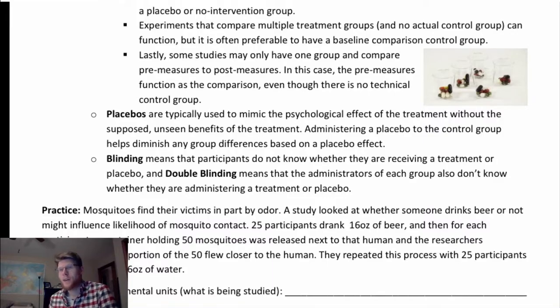That's another consideration. In some cases, that might be pretty important. In some cases, maybe it doesn't matter at all. In some cases, maybe there is no administrator directly interacting with the participants. But in cases where there are, and where it might matter, it's good to do that. It's another layer of protection on the experiment.